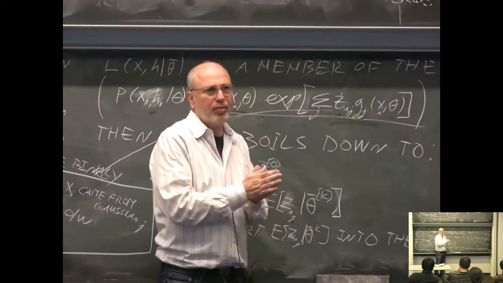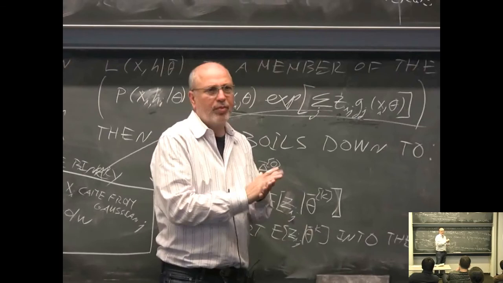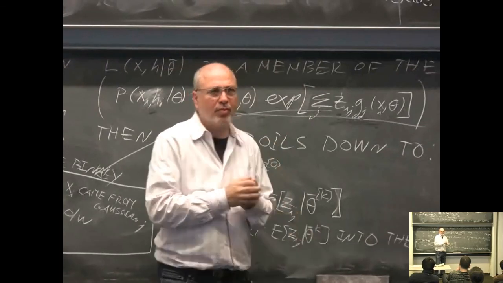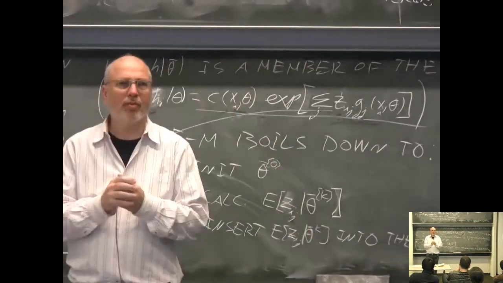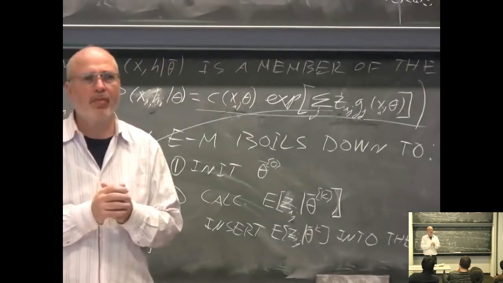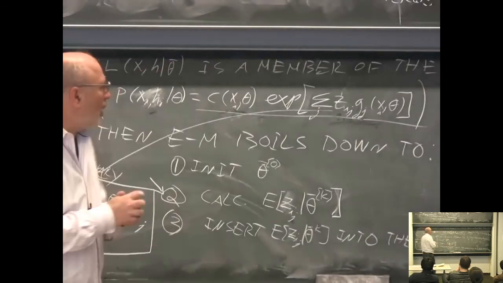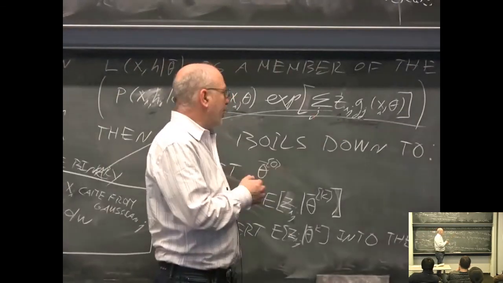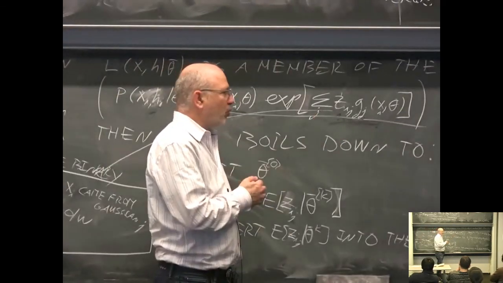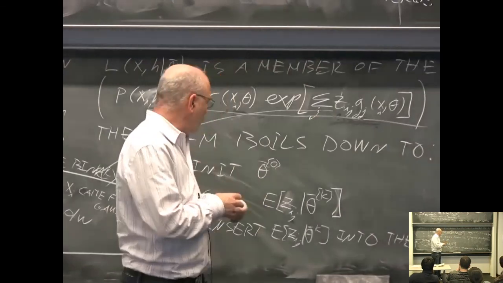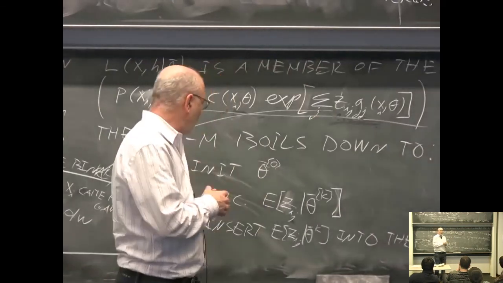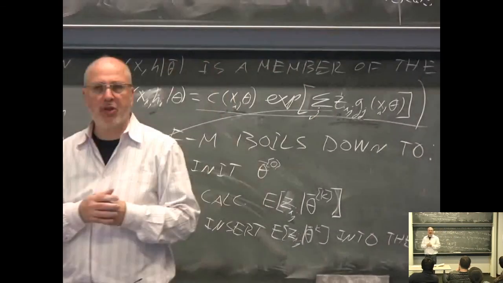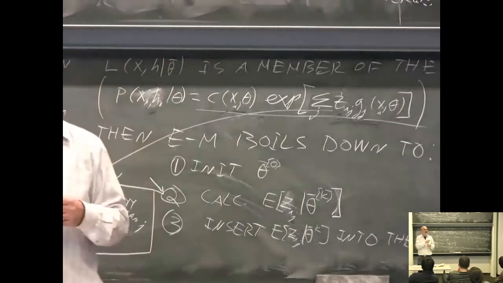The important thing is that the latent variable can be written as a set of binaries that has only one 1, and that are in the exponent, because you want to play that trick on the log likelihood. So the log likelihood has to be linear in those Z's.